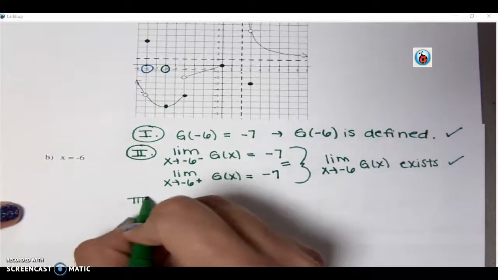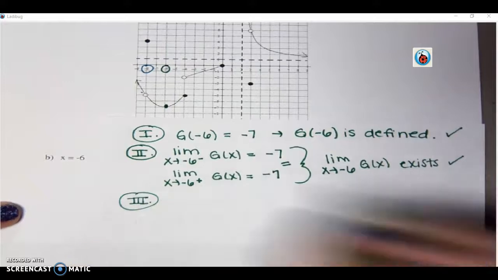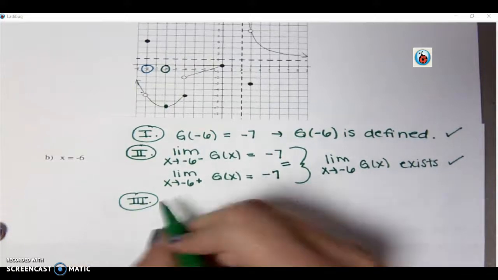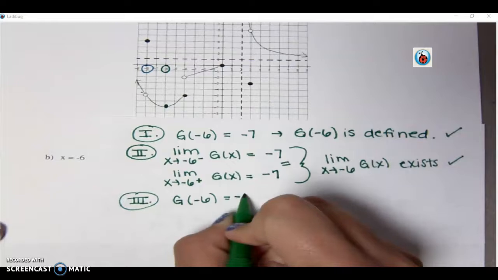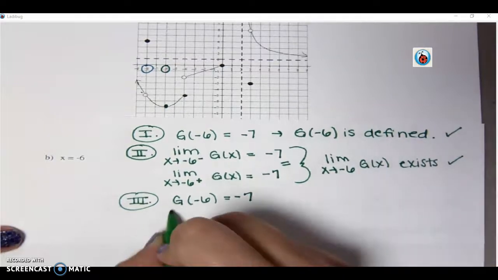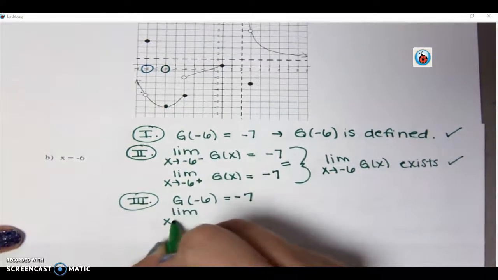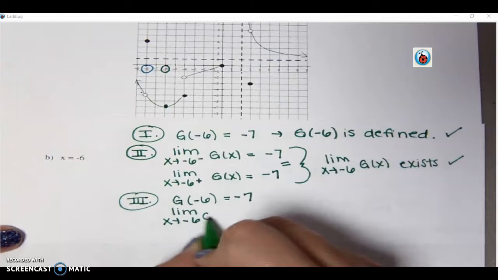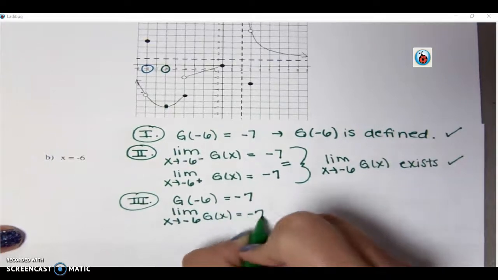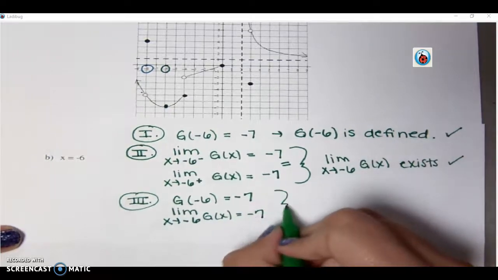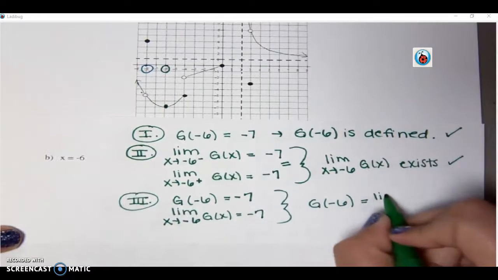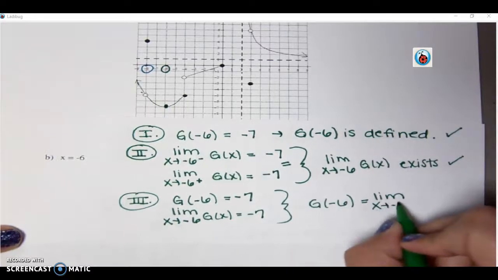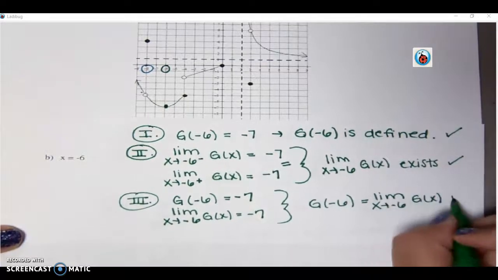For the third part, you're checking to see if the first part and second part are equal. We found from part 1 that g of negative 6 is negative 7. And we found from part 2 the limit as x approaches negative 6 is negative 7. So that means that g of negative 6 is equal to the limit as x approaches negative 6.